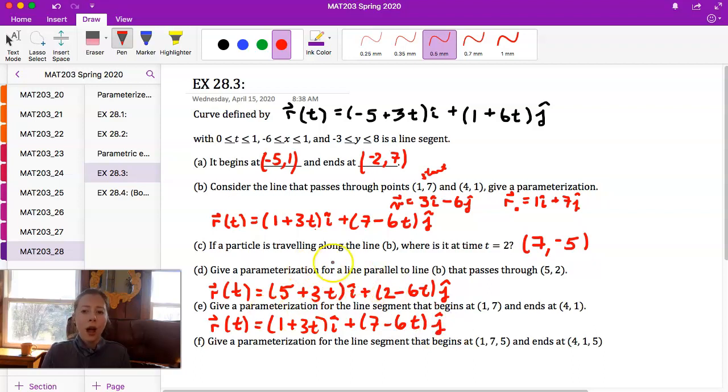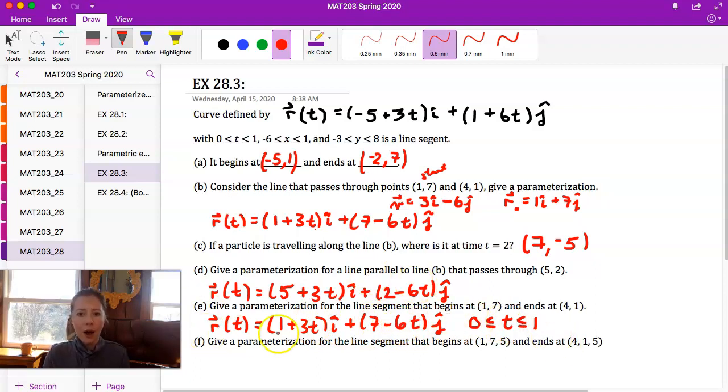To begin at 1, 7, that's time t equals 0. If you plug in 0 for t, we have 1, 7. The important thing here is the time interval when dealing with a line segment. We have to come up with an end time that brings us to 4, 1. In order to get to 4, 1, you need t to be 1. If you plug in 1 for t, you have 1 plus 3 is 4, and 7 minus 6 gives us 1. So 4, 1.